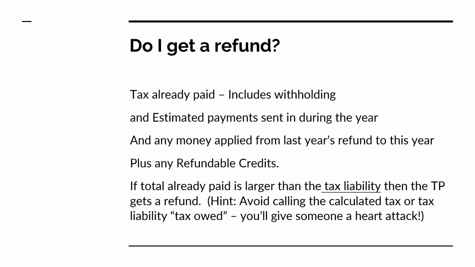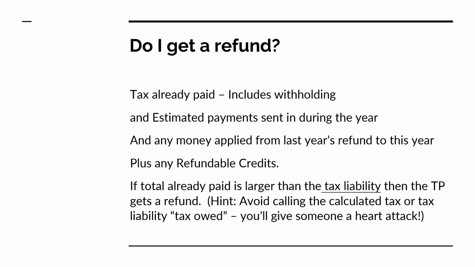So taxpayers always want to know if they're getting a refund. So why do people get a refund? Generally, it's because they paid more than their tax liability. Although, again, in the case where somebody gets a refundable credit, it may be that they get that in addition to money that they paid into the system.